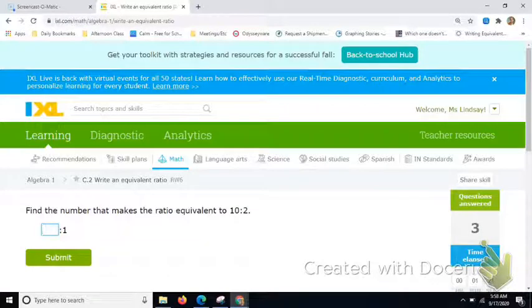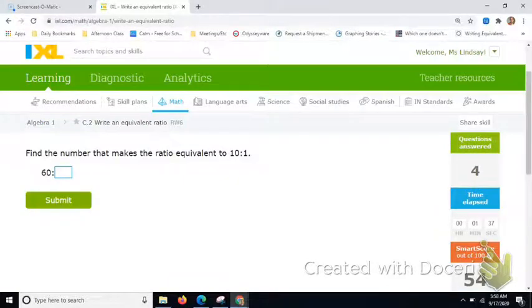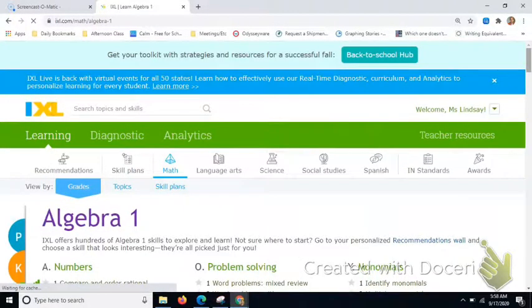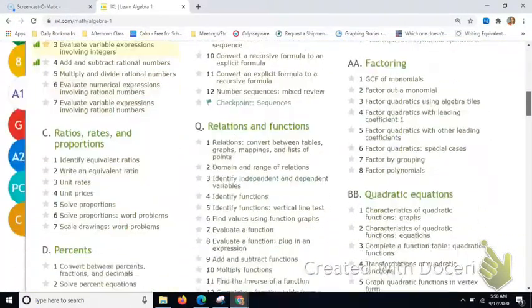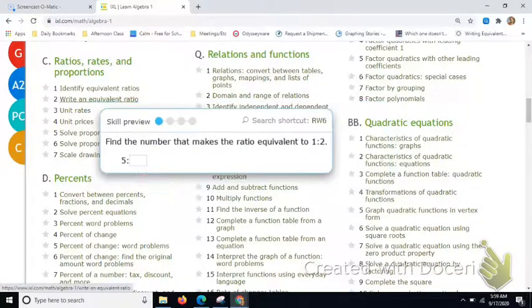So dividing by 2, or we can think of it as multiplying by 1/2. So 10 divided by 2 would be 5. So we're going to do some work in the C's there with identifying and finding ratios. So C1 and C2.